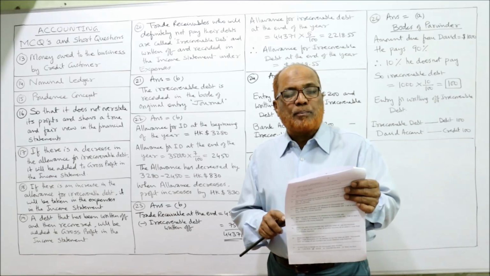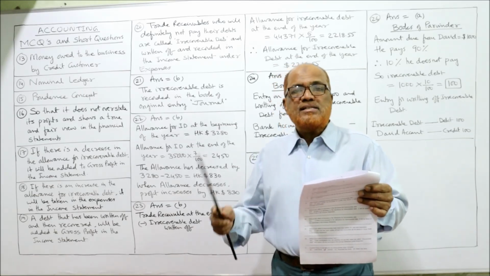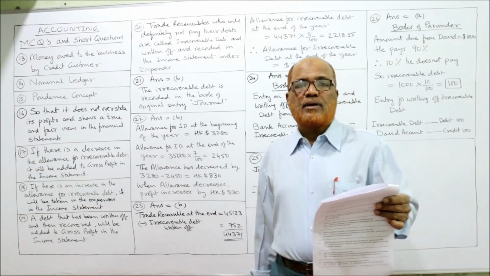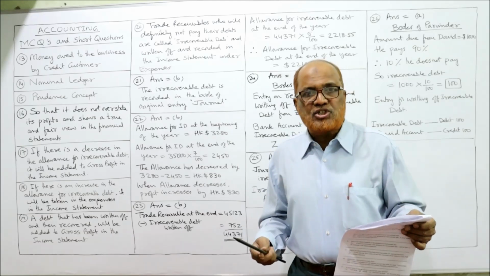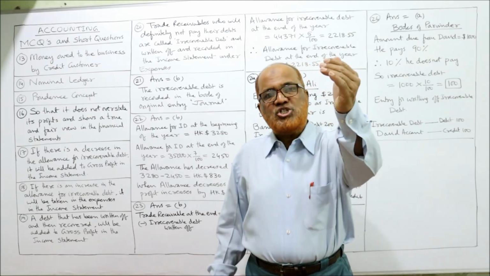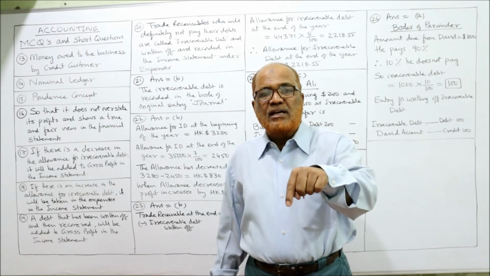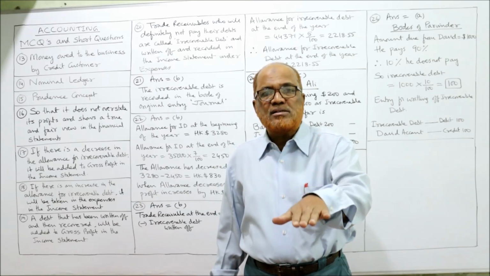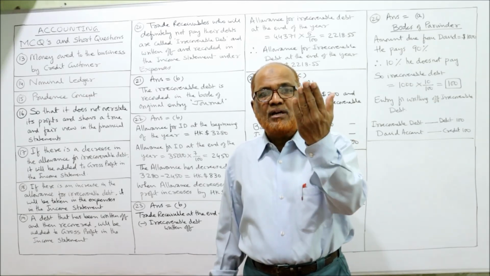What impact on the profit would this year's allowance make? Whenever there is a change in allowance, the profit will change. If the allowance increases, the profit decreases. If the allowance decreases, profit increases.